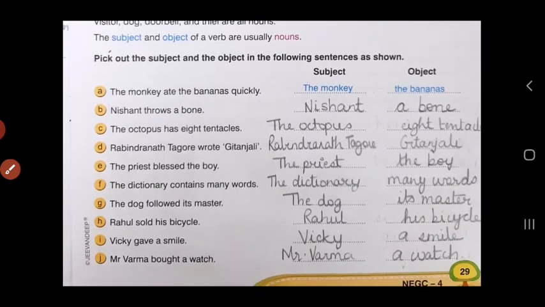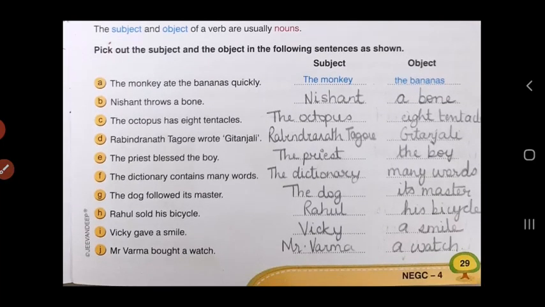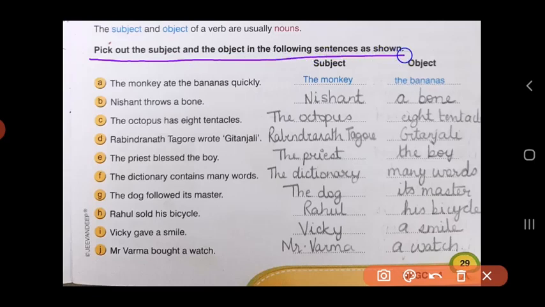Now that you understood what is subject and object, let us do an exercise. Pick out the subject and object in the following sentences as shown. One sentence is done and shown to you. The monkey ate the bananas quickly. In this sentence, children, which is the verb?